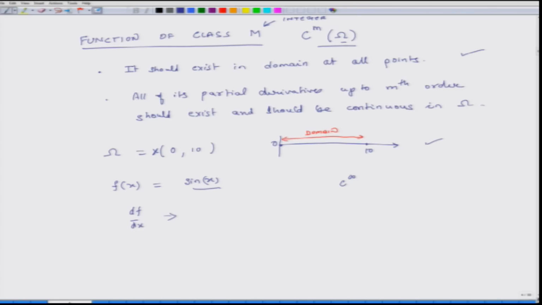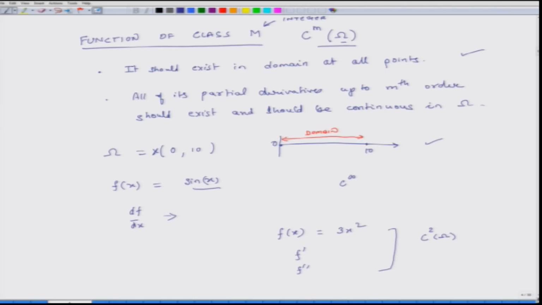It is infinitely differentiable, but if I have another function f of x, and let us say it is equal to 3x^2, then the first derivative exists, second derivative exists, but the third derivative and onwards does not exist. So, this is a C2 function in this domain.